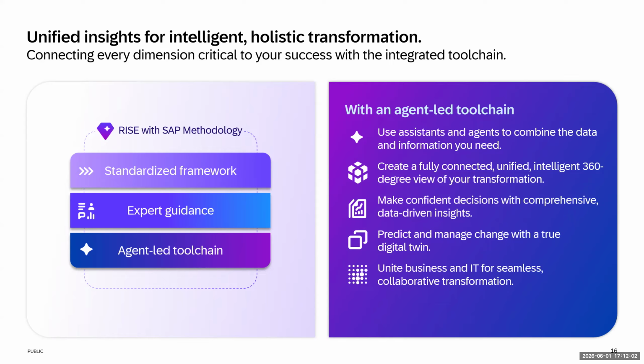And we can help to predict and manage change with a digital twin. You always have the overview of your process model, and that's what we work towards with the implementation. And then we can also bring together business and IT for collaborative transformation.